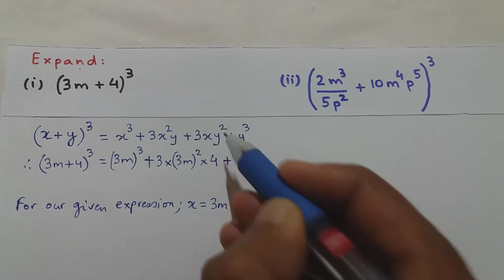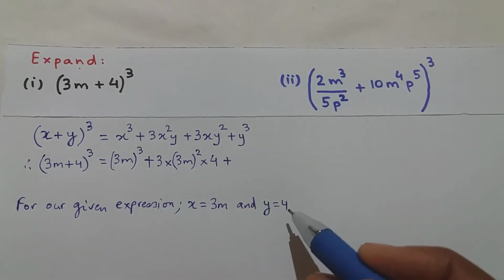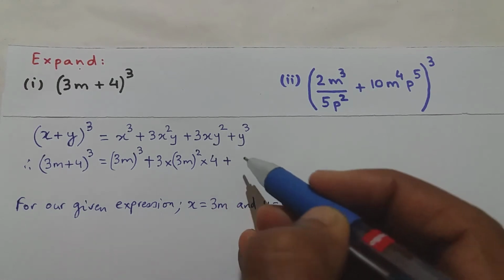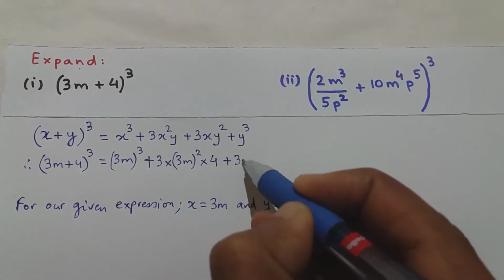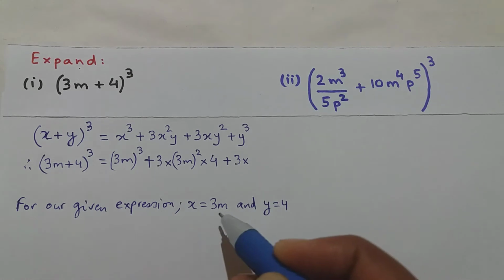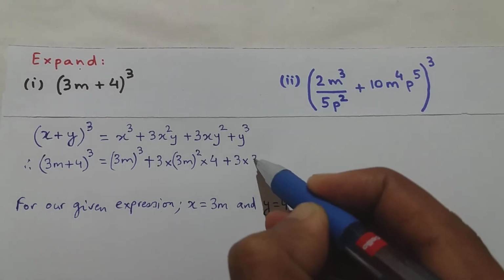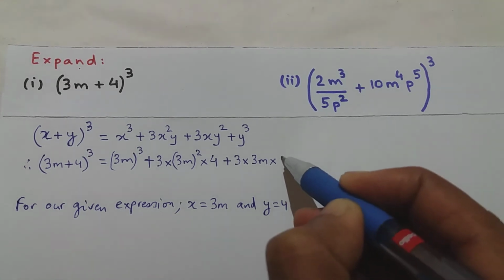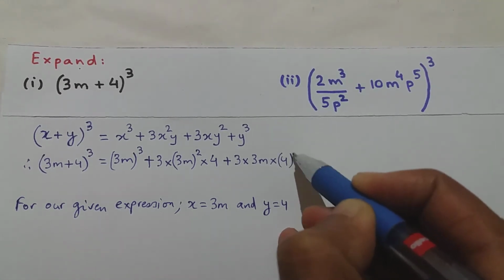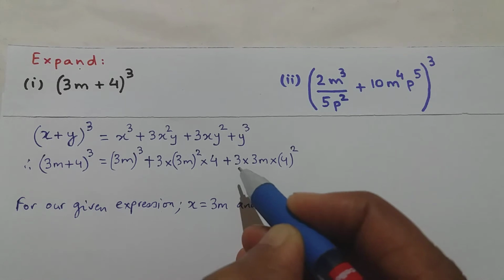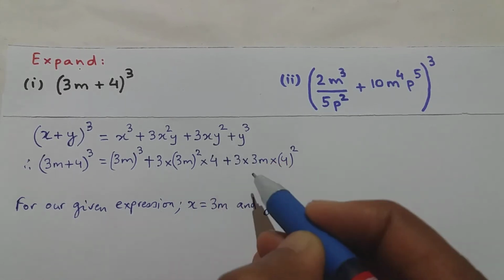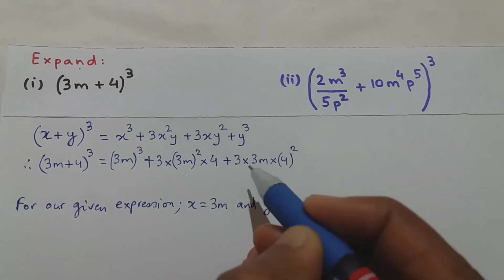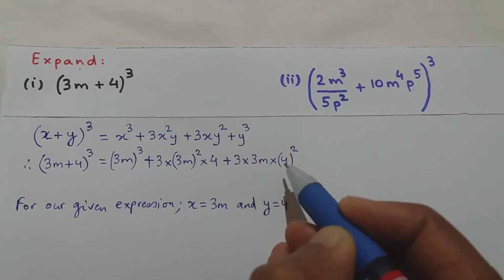So therefore y square will become 4 square, and 3xy square becomes 3 into 3m into 4 square.